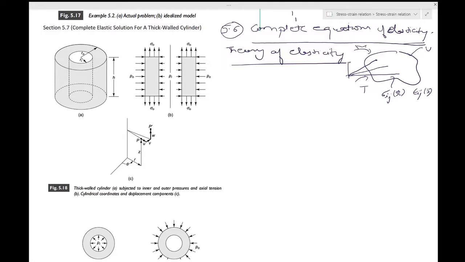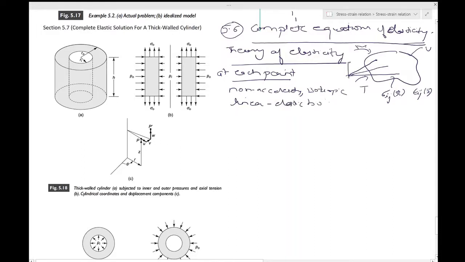So first thing to note is that at each point, the point is non-accelerating, hence in equilibrium, isotropic, linear elastic, and small strain. So these are all valid for everything which we are doing below. So what was the first step of 2.1? It was equilibrium.